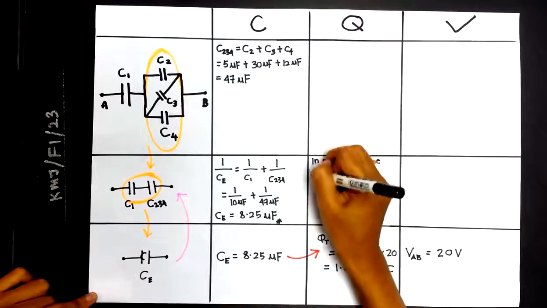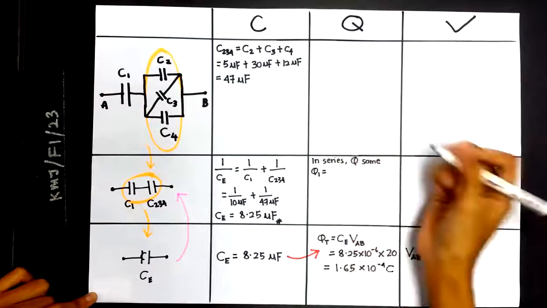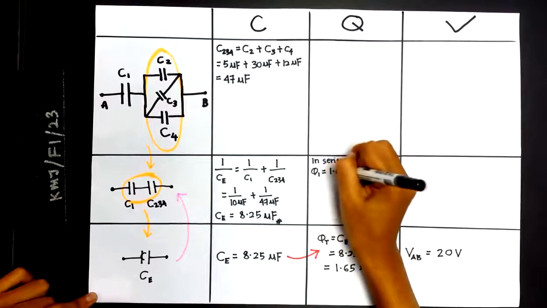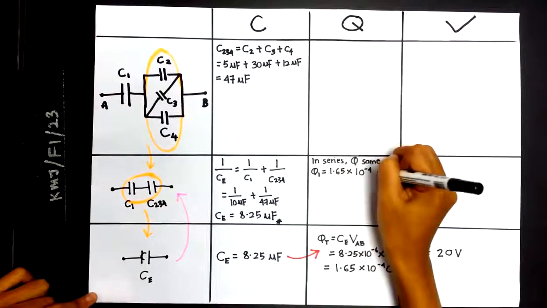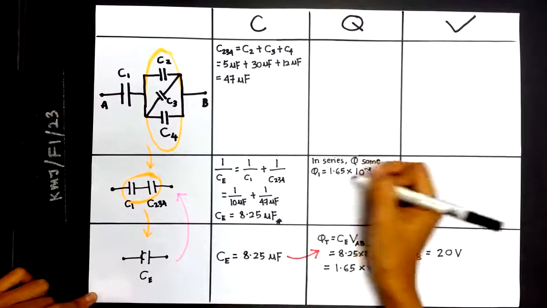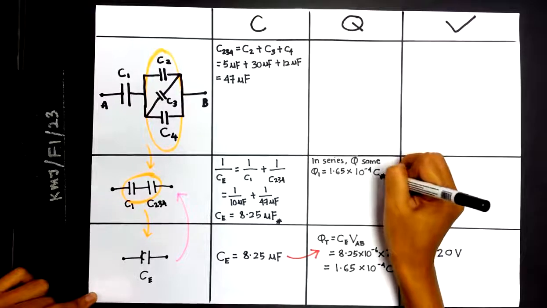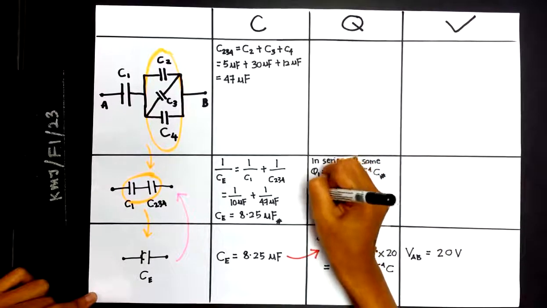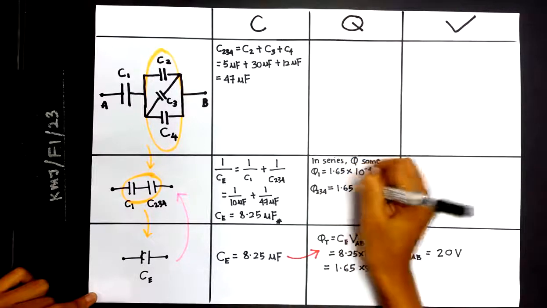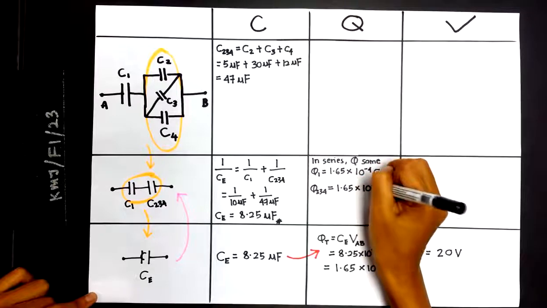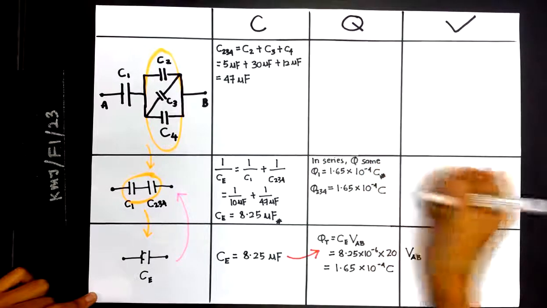Therefore, we get the value for Q1 equal to 1.65 times 10 to the power of negative 4 coulomb. We also know that Q234 is equal to 1.65 times 10 to the power of negative 4 coulomb.